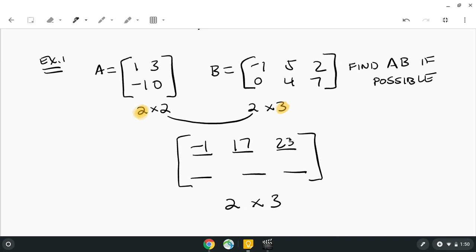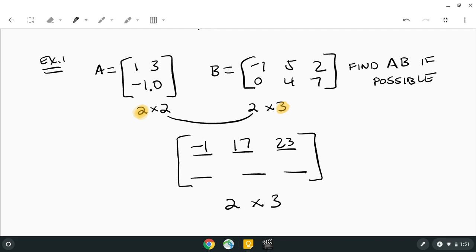Since I'm done with my first row, I no longer need to use this first row. I need to come up with my second row. So now I'm going to use my second row right here. I need to find the second row, first column.